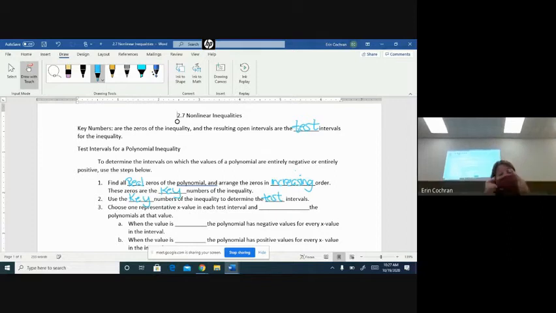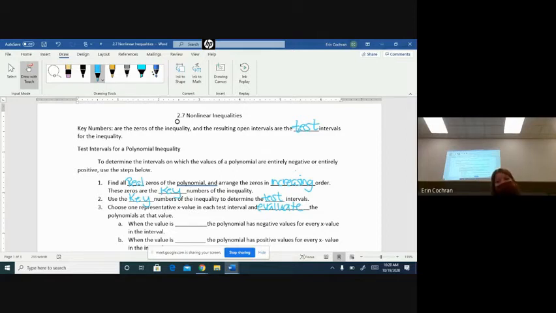Our test intervals: we'll choose one representative x value at each test interval and evaluate the polynomials at the number. Evaluate means we just plug in and simplify, plug in and solve, right?